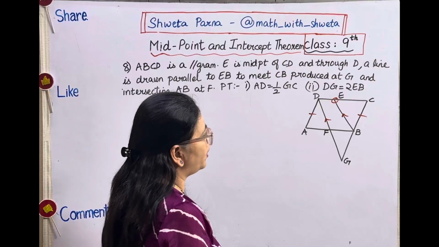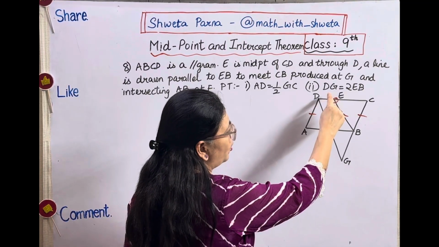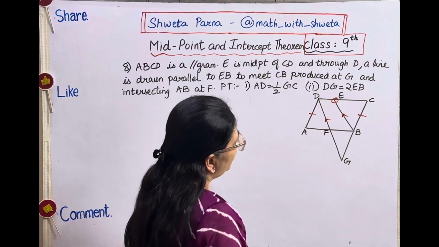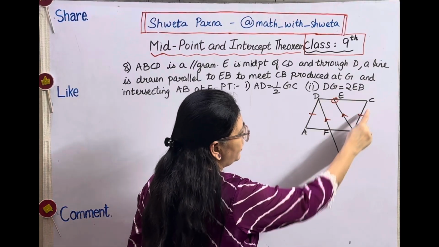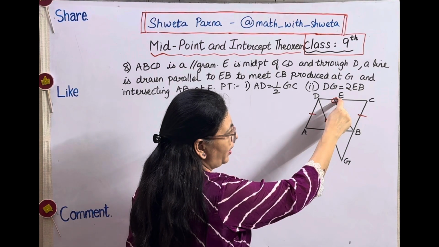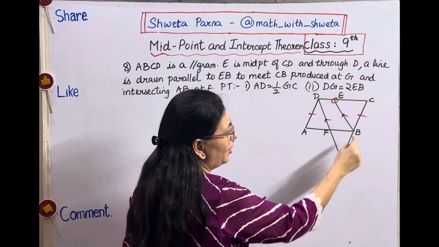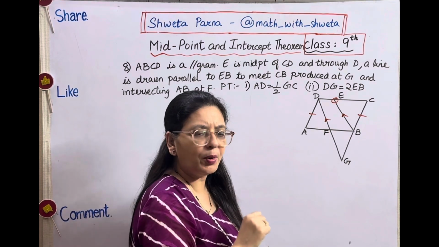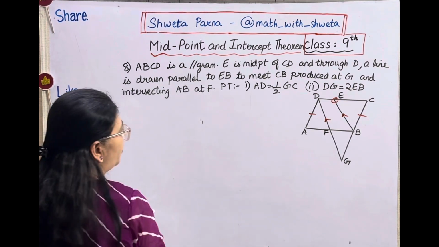Okay. Now children, see, this is a midpoint. Now if you take this triangle, in triangle DCG, E is a midpoint and they are parallel to each other. That means B will also be a midpoint as per converse of midpoint theorem.